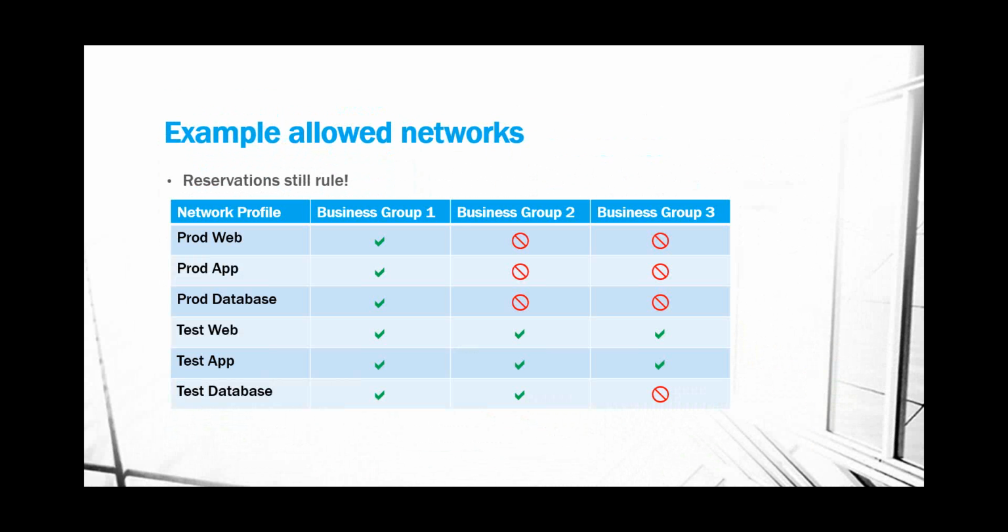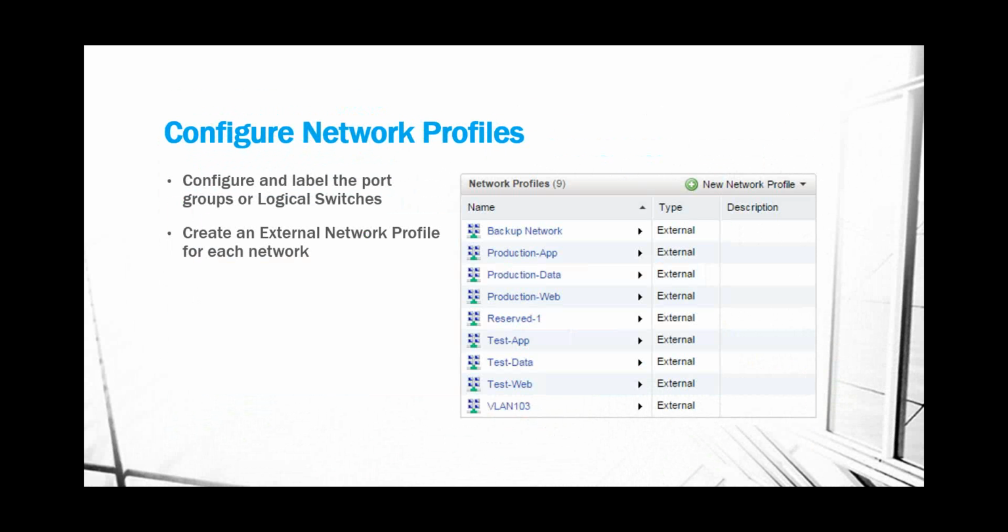All right. Again, we're going to make sure that we've configured our network profiles. So we've got a handful of them defined here. You can see we've got a production web app and data, a test web app and data, and we've got them defined this way. We're going to make sure that we include those on the reservations. So again, for the particular business group, they've got the various networks assigned to them.